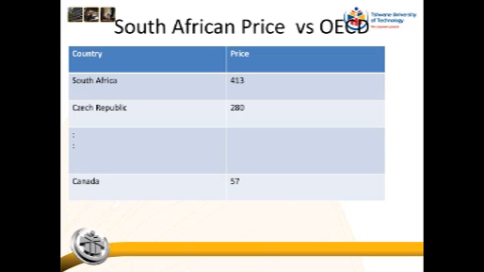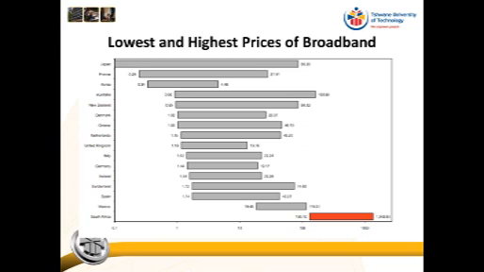Now again, we look into the broadband, because IT is about three things. It's either you use mobile cell phone, fixed line, or the broadband, where the issue of internet and things come into place. Now we've just realized that the figures here indicate the lowest and the highest prices. Coming back to South Africa, if you look at the figure here, this is the lowest and the highest is 1,342, 130 there.